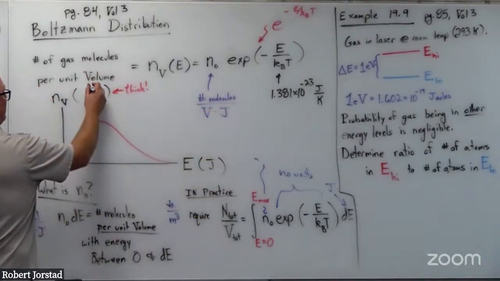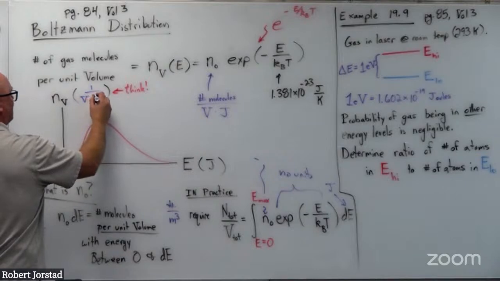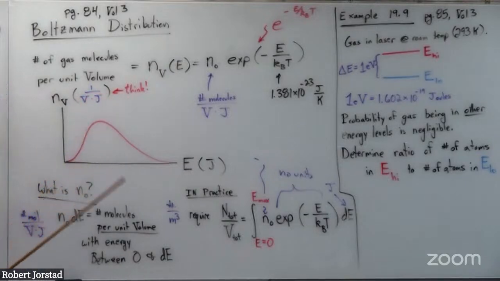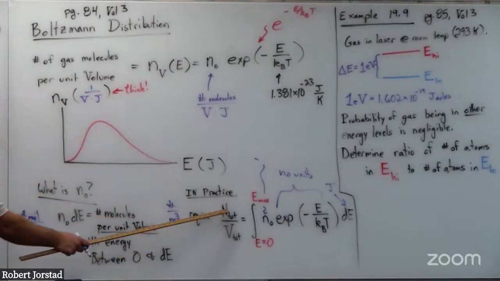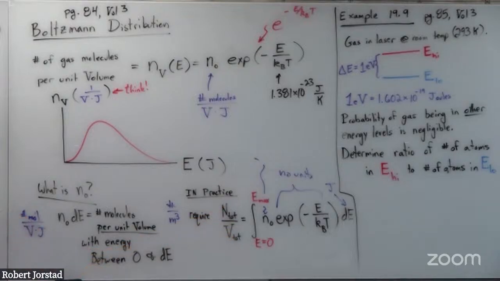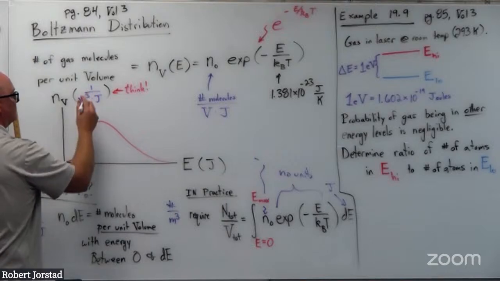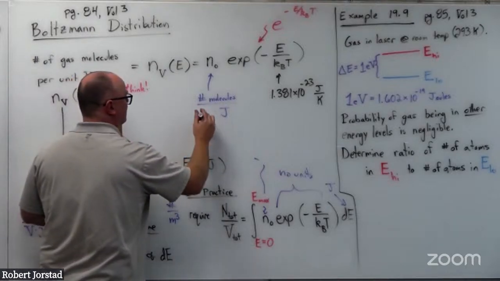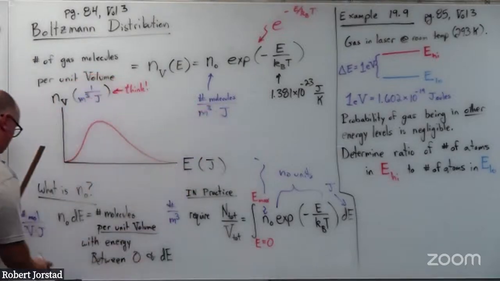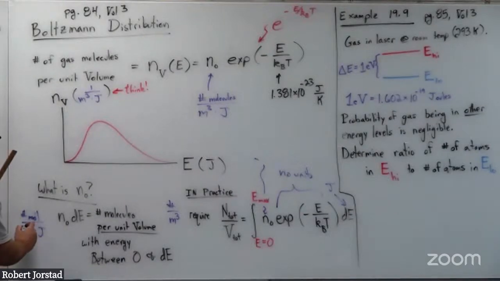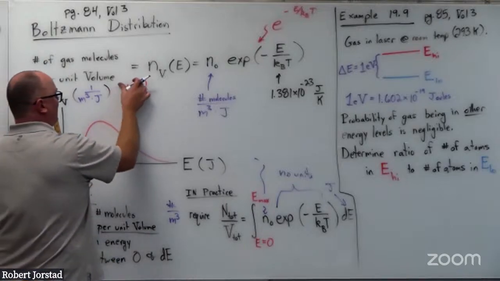So we're going to get a 1 over volume times joules in order to make this give us a total number over a volume. Oh, whoops. Let's call that meters cubed. Volume is in meters cubed. So in this case, that would give you some units here. You can see that I had to think about it a little bit.